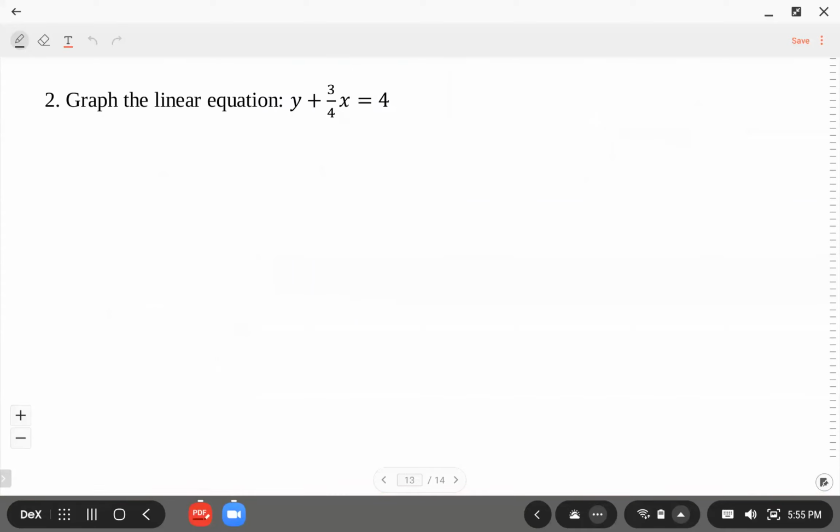So now our last problem, okay? So this one is not in slope-intercept form, okay? This is not in slope-intercept form, so please put it into slope-intercept form, and then we can put it into a straight line in the coordinate grid.